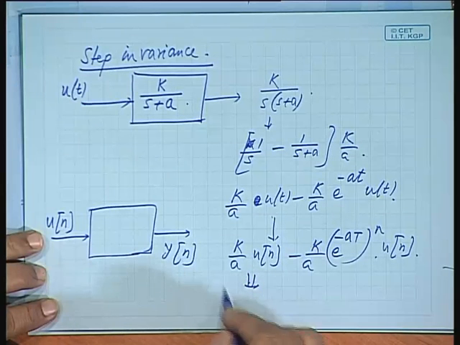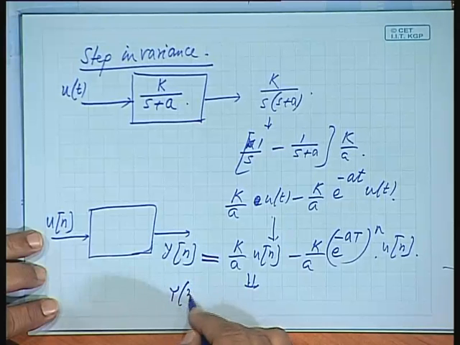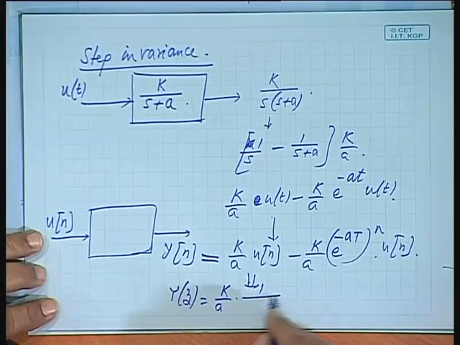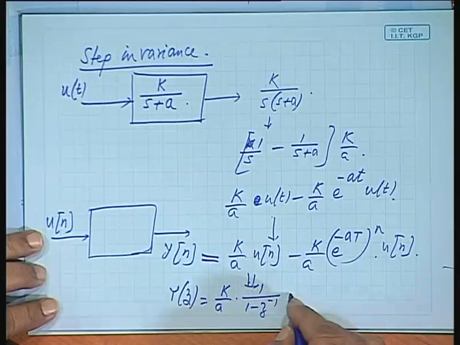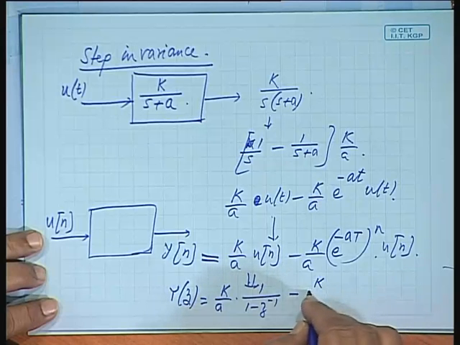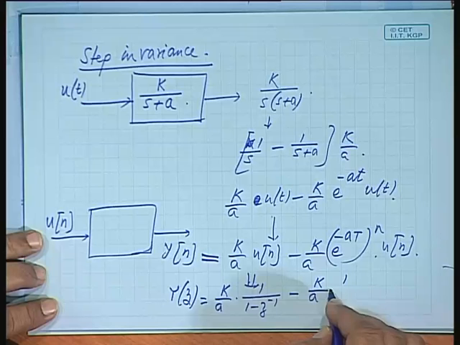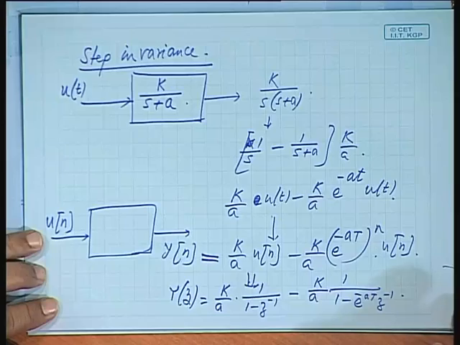That is Y(z), this is y(n), is it not. So Y(z) is equal to k by a times 1 by 1 minus Z inverse, this is the Z transform of the step function u(n), minus k by a times 1 by 1 minus e to the power minus aT Z inverse. Do you all agree?